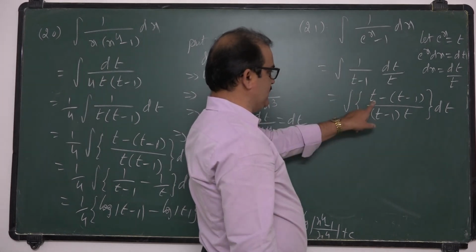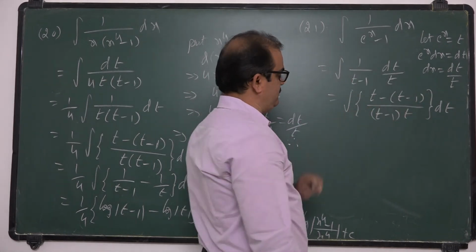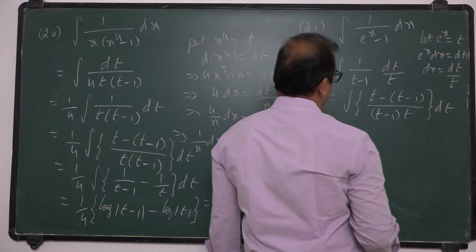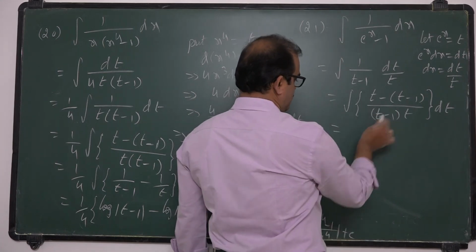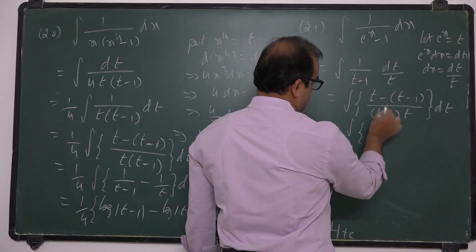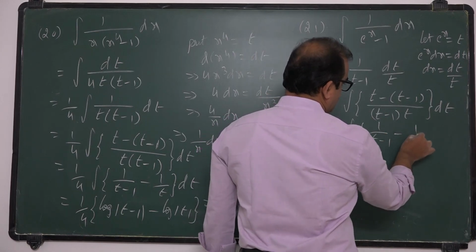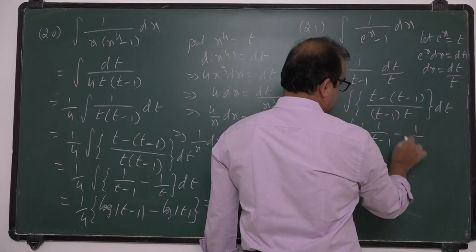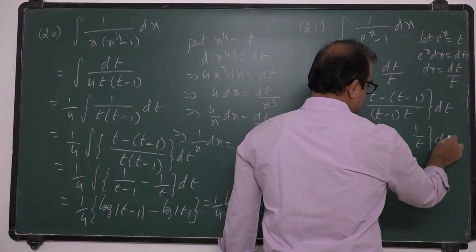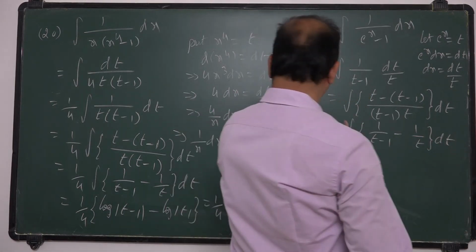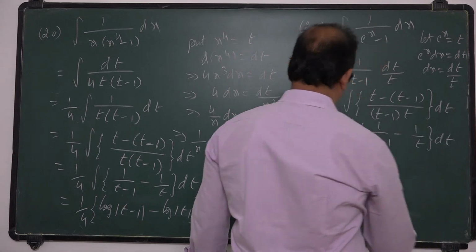One is taken as t minus of t minus 1. Divide separately. In first term t cancels, 1 by t minus 1 minus, in second term t minus 1 cancels. This is same as the previous problem.